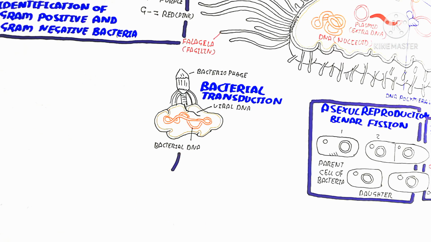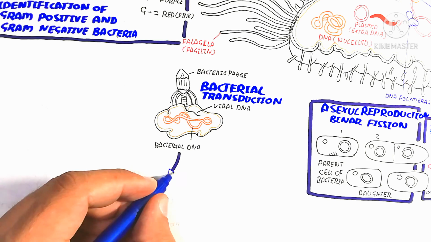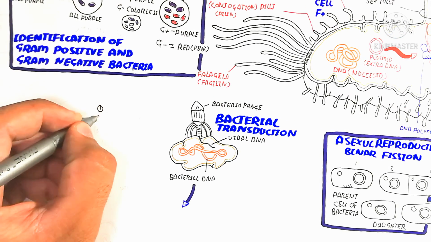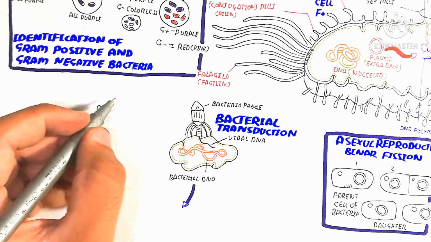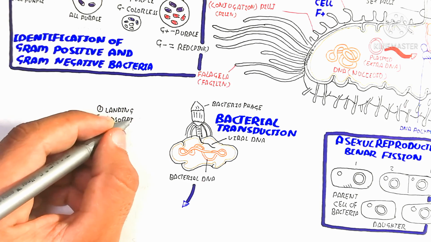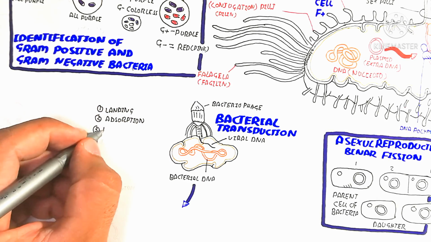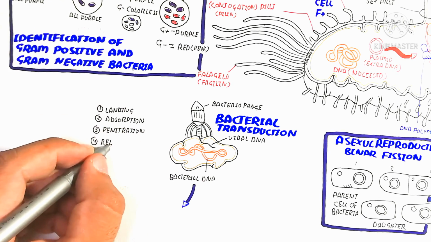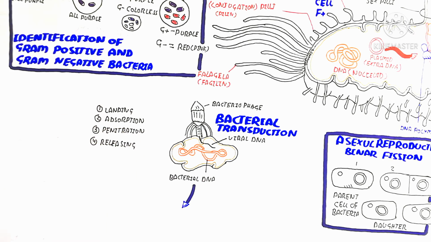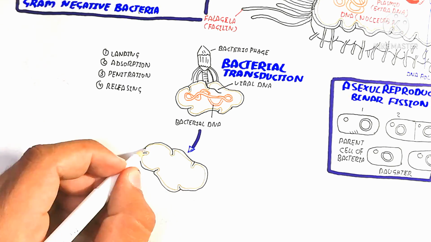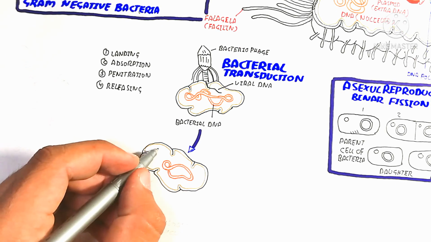First is landing and the second is adsorption. Not absorption, adsorption. Adsorption means the phage remains outside, not absorbed. The third is penetration. Penetration means the tail penetrates using an enzyme, and a releasing mechanism releases the viral DNA into the cytoplasm of the bacteria.